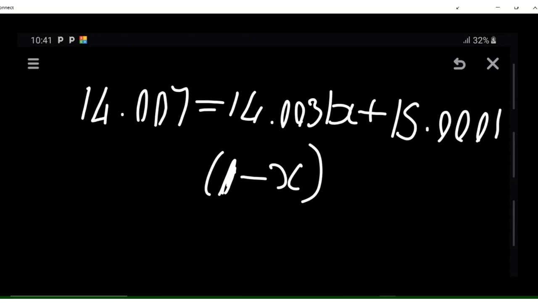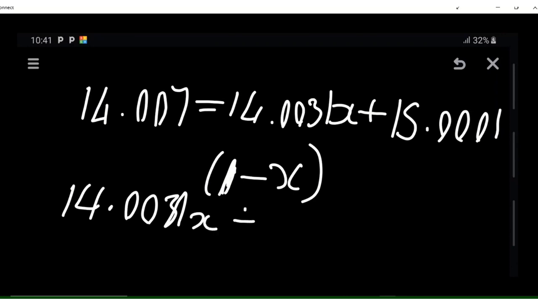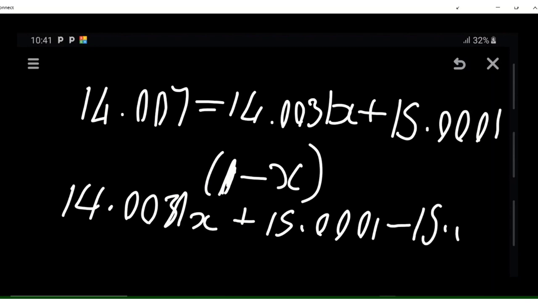So I have 14.0031x plus 15.0001 times 1, which is just 15.0001, minus 15.0001 times x, which is 15.0001x. So we have an x there.